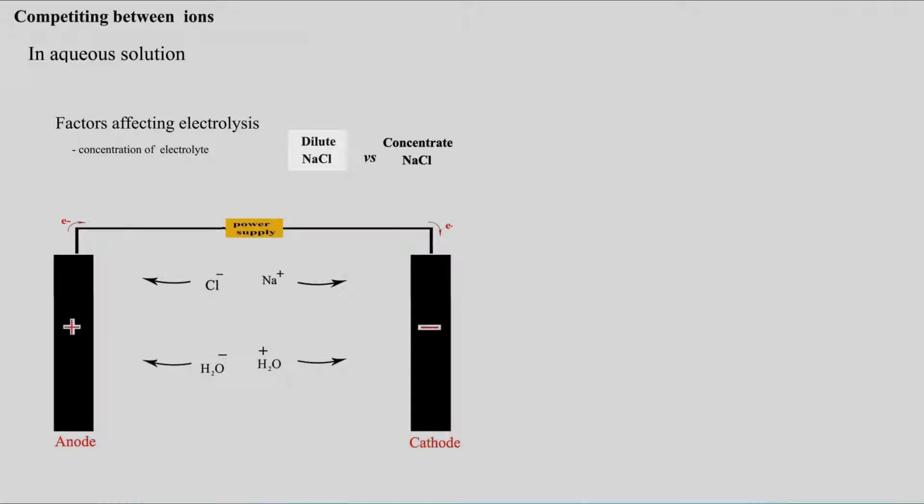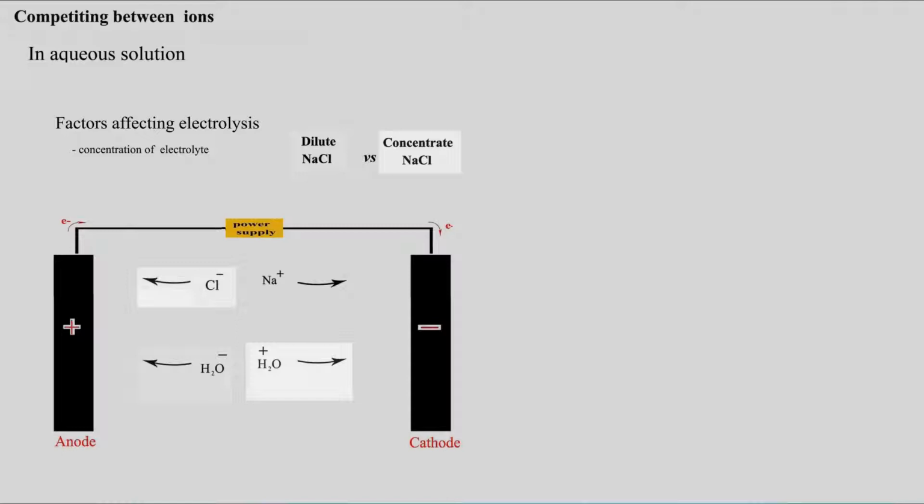In a dilute NaCl solution, the result will be water reacting on anode and water reacting on cathode. When you have a concentrated NaCl solution, the result could be different.